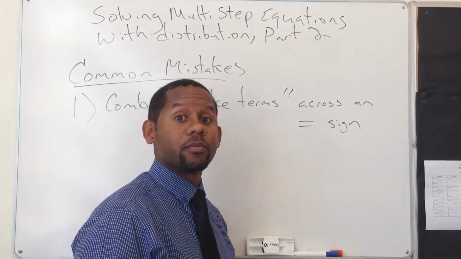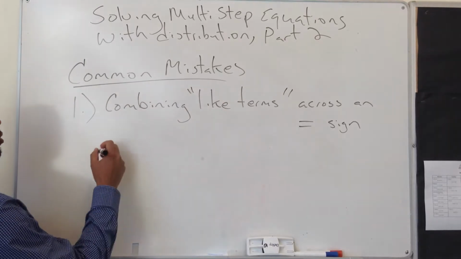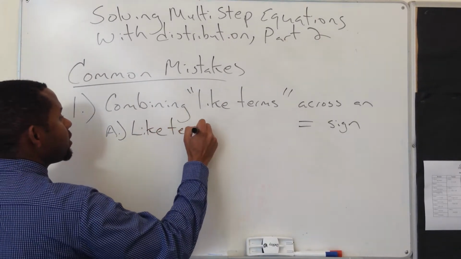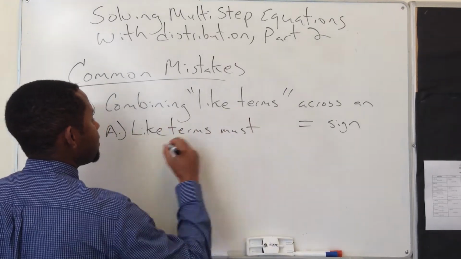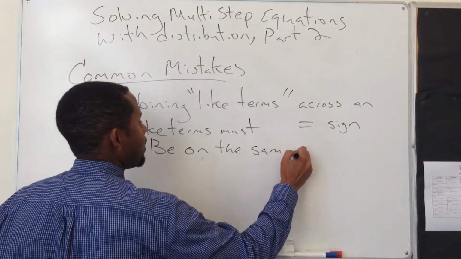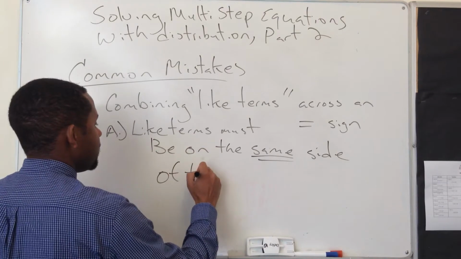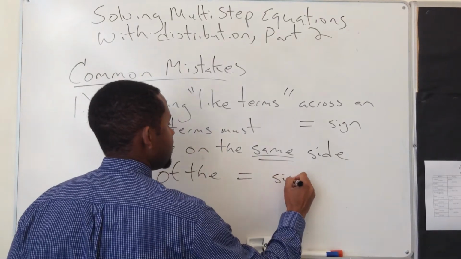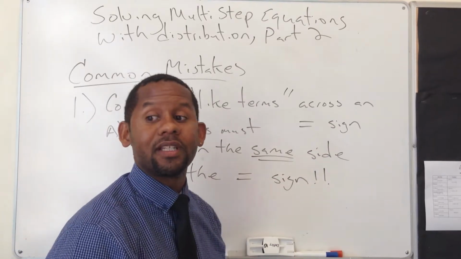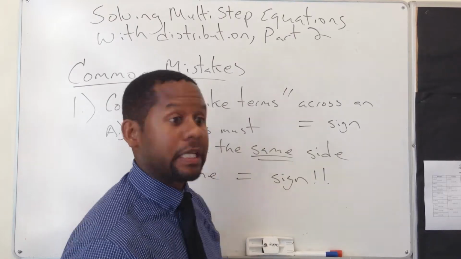Like terms have to be both on the same side of the equal sign. So we're going to say that like terms must be on the same side of the equal sign. That's really important. I saw at least 7 people tell me today about how they were combining like terms across the equal side. Can't do it. Doesn't work.